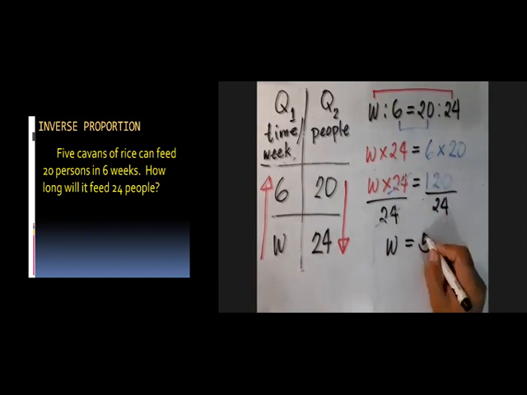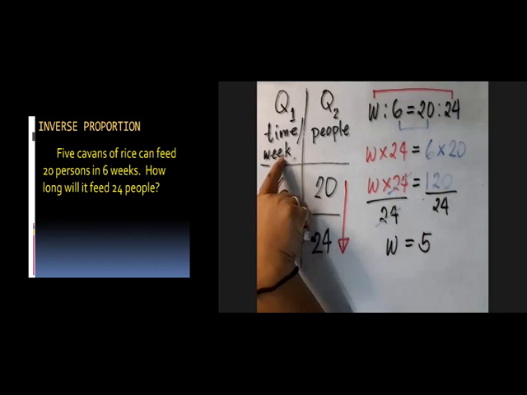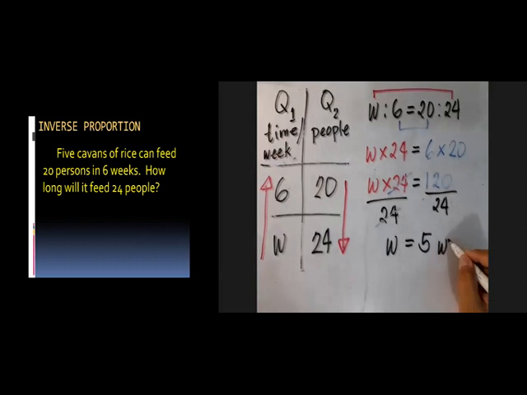That is 5. Okay? Balikan natin, anong unit of measure for W? Yan ay period, yan ay unit of time. So we'll have weeks. So 5 weeks. That will be our answer for this particular problem.